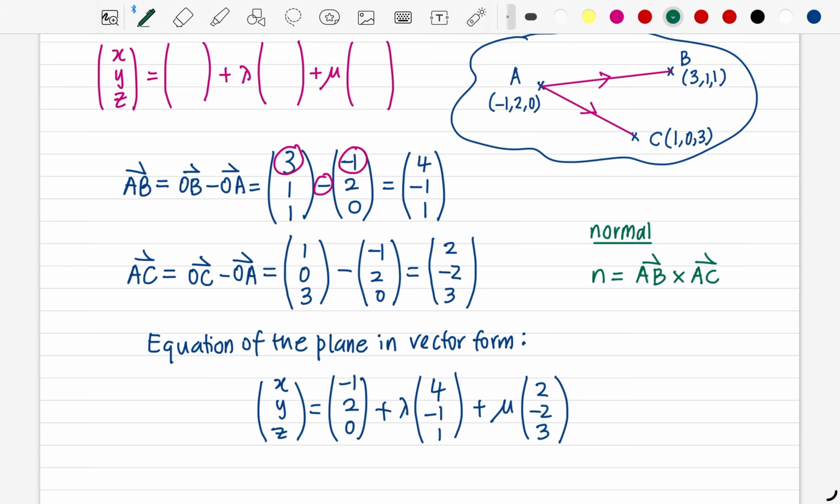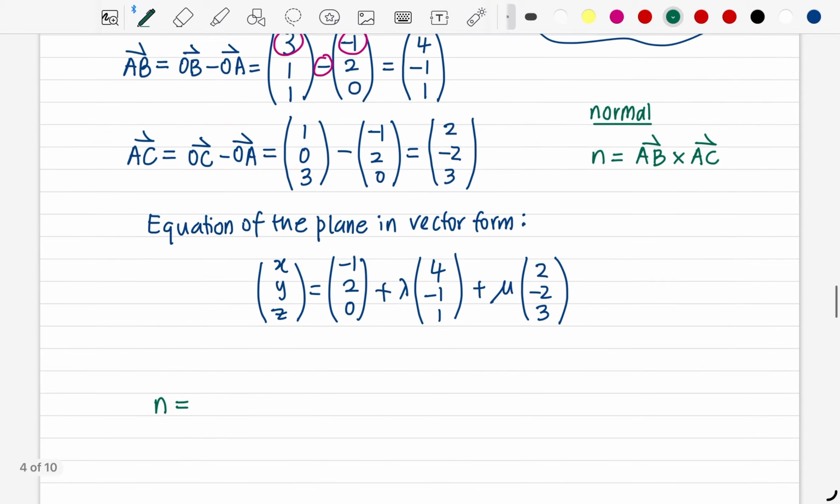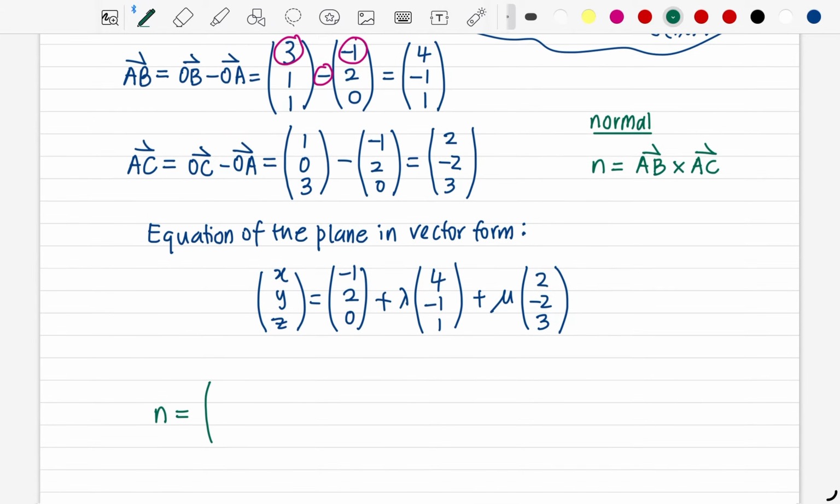Since I have AB and AC, when I cross the two direction vectors, I will get the normal to the plane. So in order to find the normal, AB (4, -1, 1) cross (2, -2, 3).